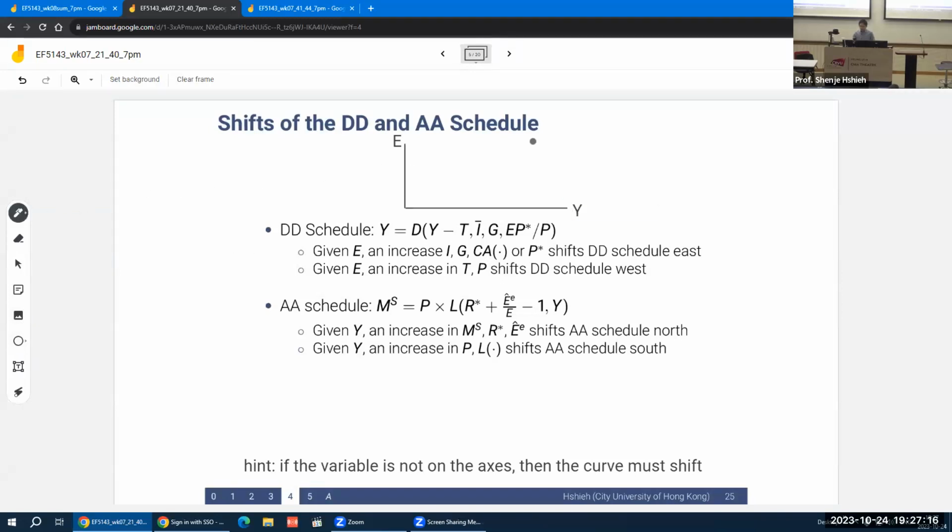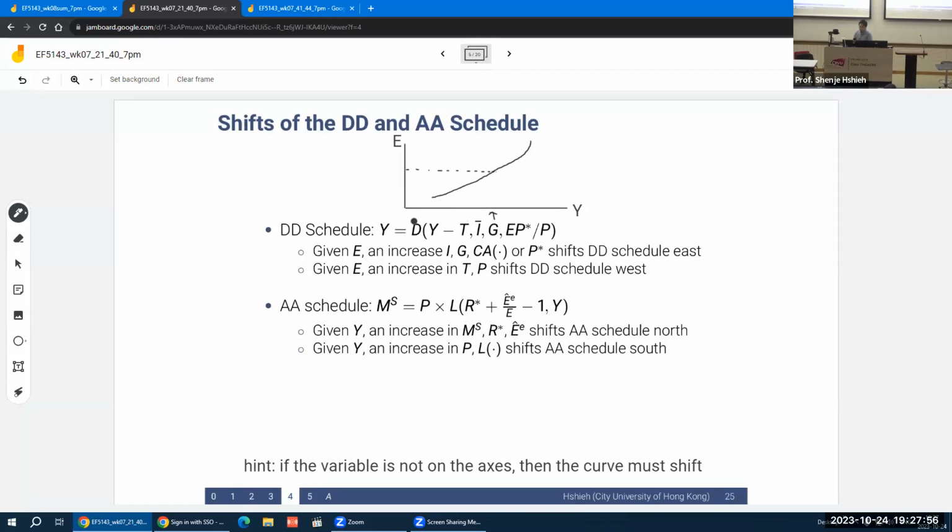So if we have an initial DD schedule, let's call that DD, let me just go through an example. Given E, let's fix an arbitrary E. If we decide to increase, let's say, government spending, for example, if the government decides to build a new park or university, that can boost incomes and therefore boost consumption and boost demand.